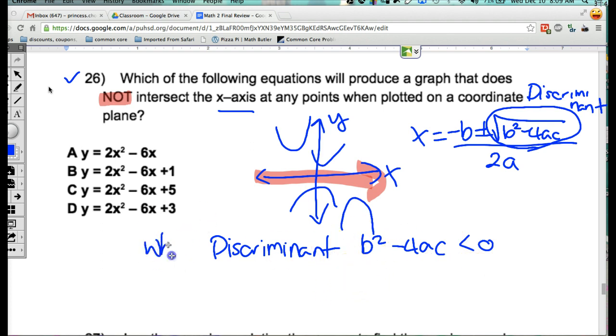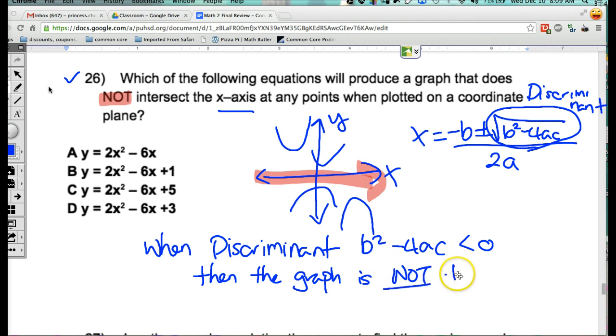So there you go. When the discriminant, or b squared minus 4ac, is a negative number, less than 0, then the graph is not touching the x-axis.